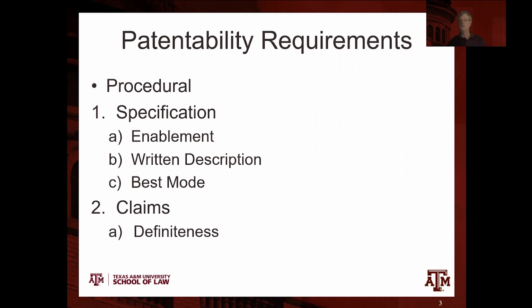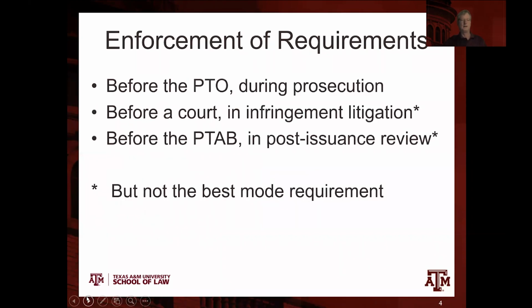Does that mean 2 feet, 4 feet, 6 feet? Unless we can tell either from your specification, where you can explain what you mean by elongated, or a person having ordinary skill in the art would be able to determine that readily, your claim may fail for indefiniteness. So we're going to talk about each of these this week, not really going to focus on best mode, and we'll talk in a minute about why.